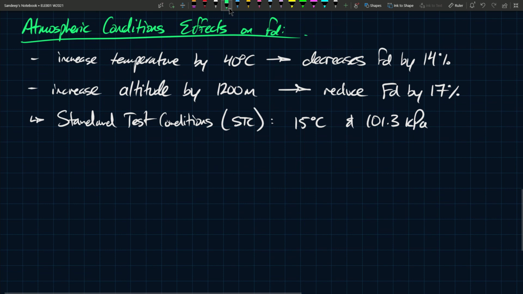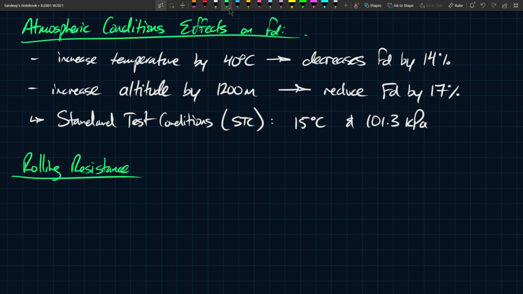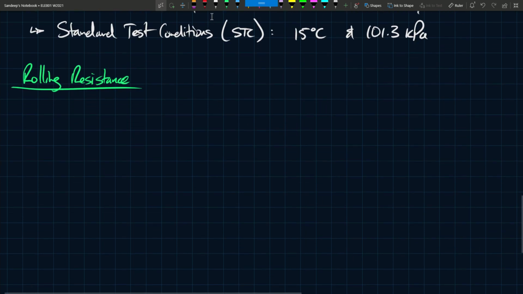Next, we can look at the rolling resistance. The rolling resistance, which we denoted as, I believe, FR, is a result of the fact that there is no such thing as a perfectly rigid tire.